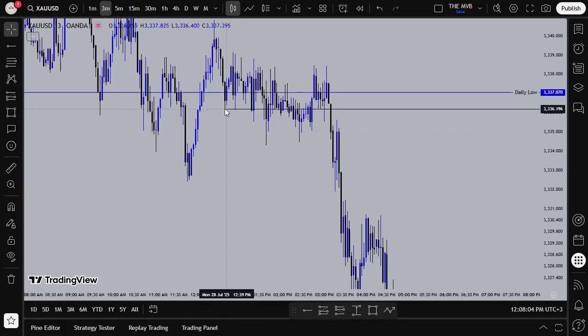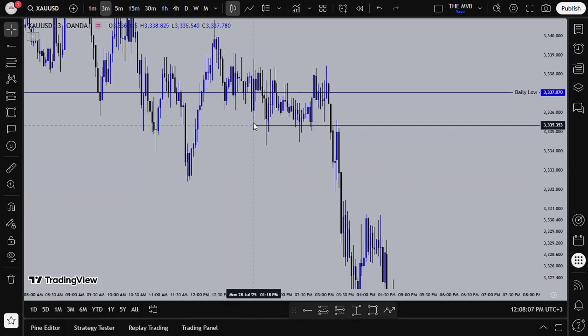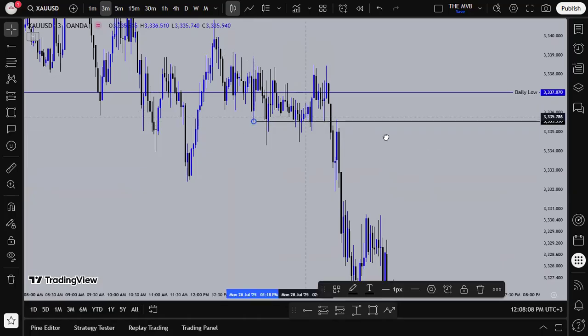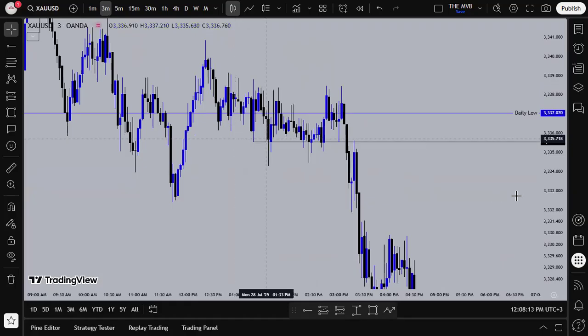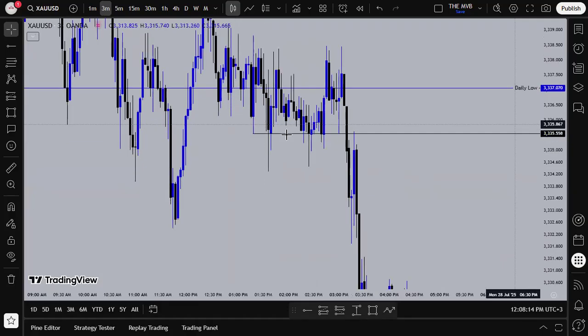You can see this low was touched multiple times. The market failed to break that area multiple times. And you can see how I marked this area.